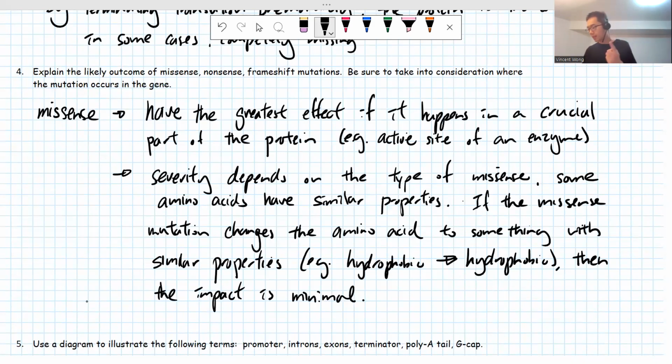So number one depends on where it happens. And number two depends on what kind of substitution we are talking about. It's not always bad. It's possible you have a substitution with something that is similar enough that it will not cause a big problem.